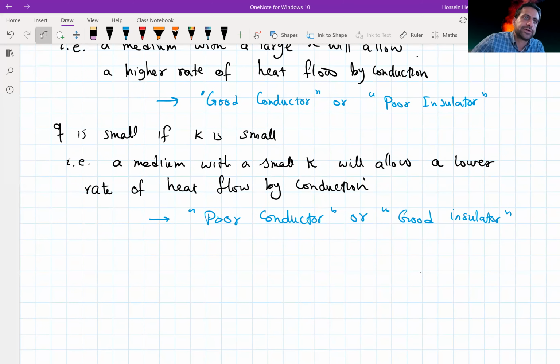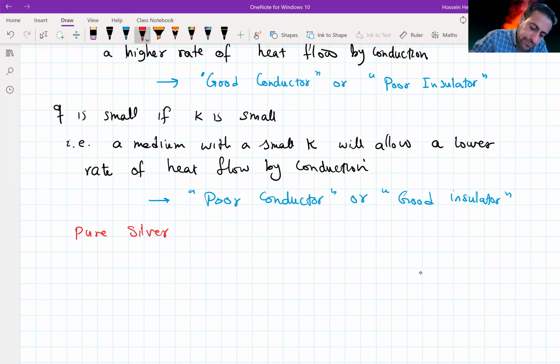Now, in terms of the values, let's have a couple of examples. For pure silver, the thermal conductivity is about 410 watt per meter Kelvin at 0 degrees centigrade.